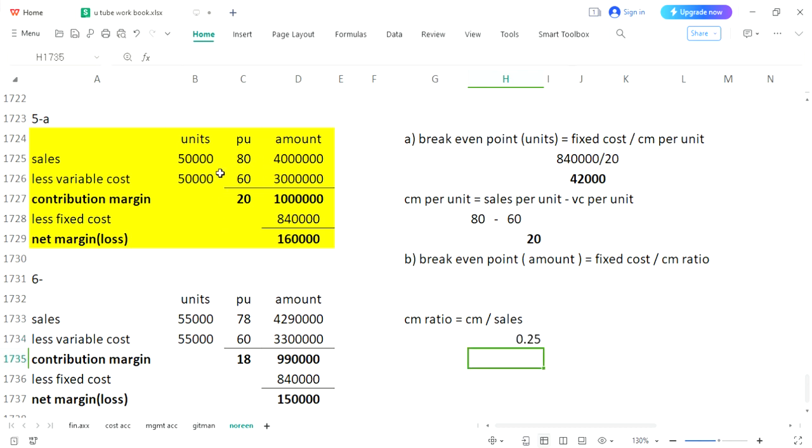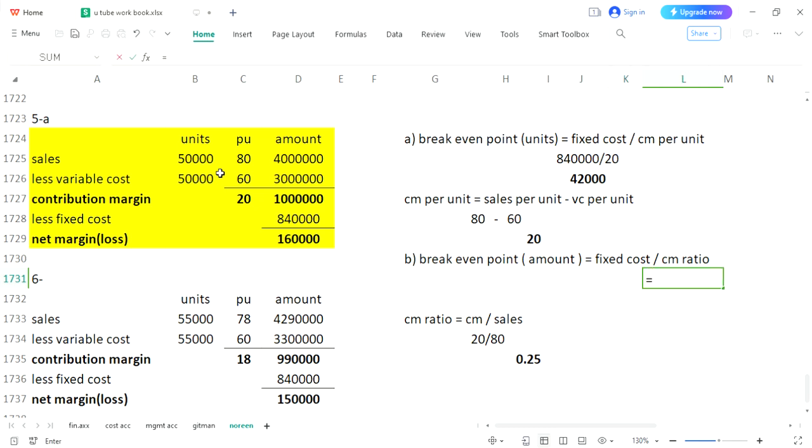20 divided by 80 is 0.25, which is your CM ratio. You will use the same ratio to calculate break even point.